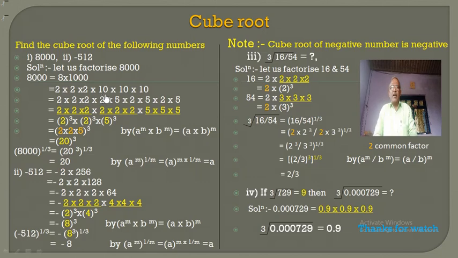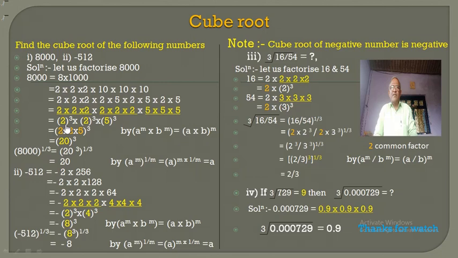Here 10 is again factorized as 2 into 5. So in the factors there are 6 twos and 3 fives as prime factors.